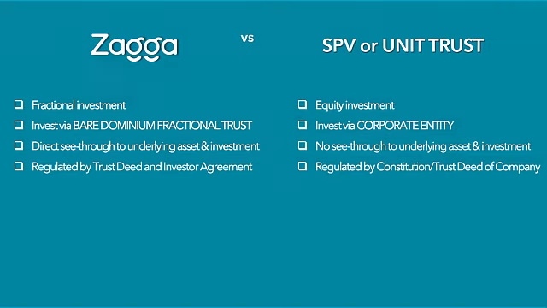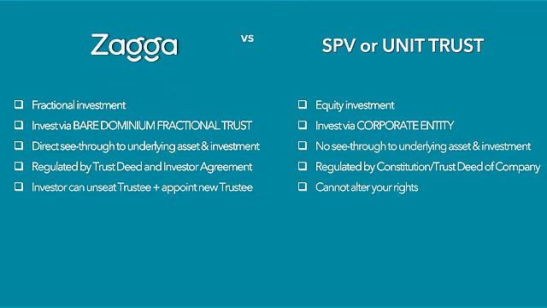In the case of the Zagga trust deed, certain investors under certain circumstances can unseat us as trustee and appoint a new trustee, whether that is a third person or a professional trustee, whereas if you are an investor in equity through a unit trust or a special purpose vehicle, you really have almost no opportunity whatsoever to alter or amend your rights. And if you can, it's going to be a very difficult and time-consuming and potentially expensive process.